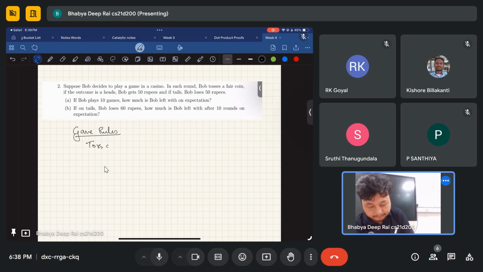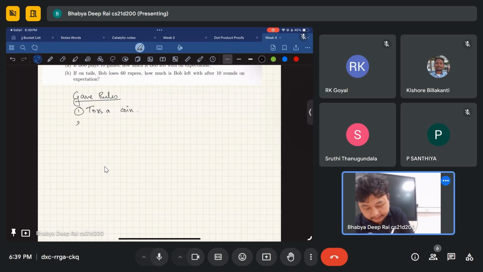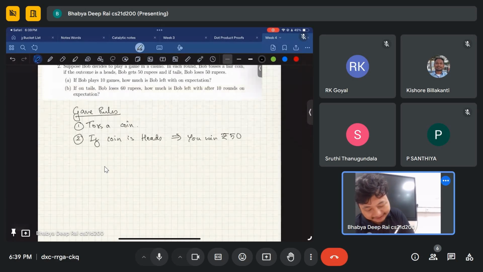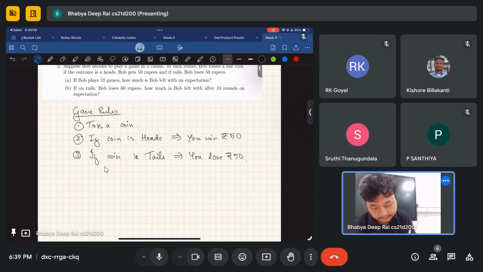Toss a coin. If the coin is heads, then Bob wins 50 rupees. And if the coin is tails, then you lose 50 rupees.